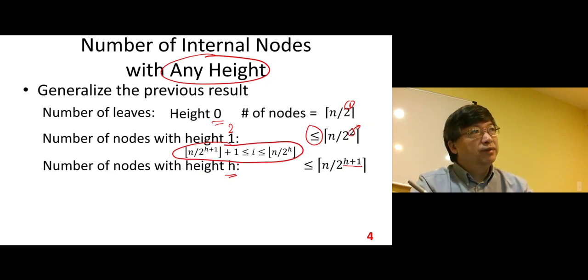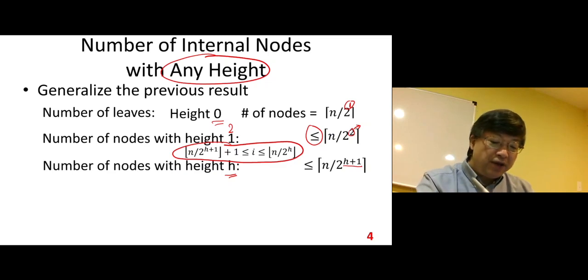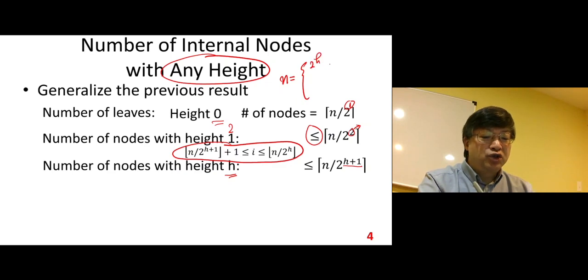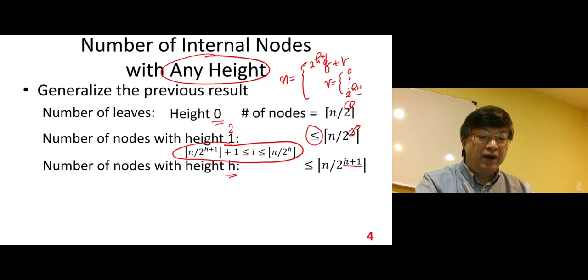When you prove this inequality, you can use the discussion: n equals 2^h times the quotient plus R. This R you can discuss: 0, 1, up to 2^(h+1) minus 1.